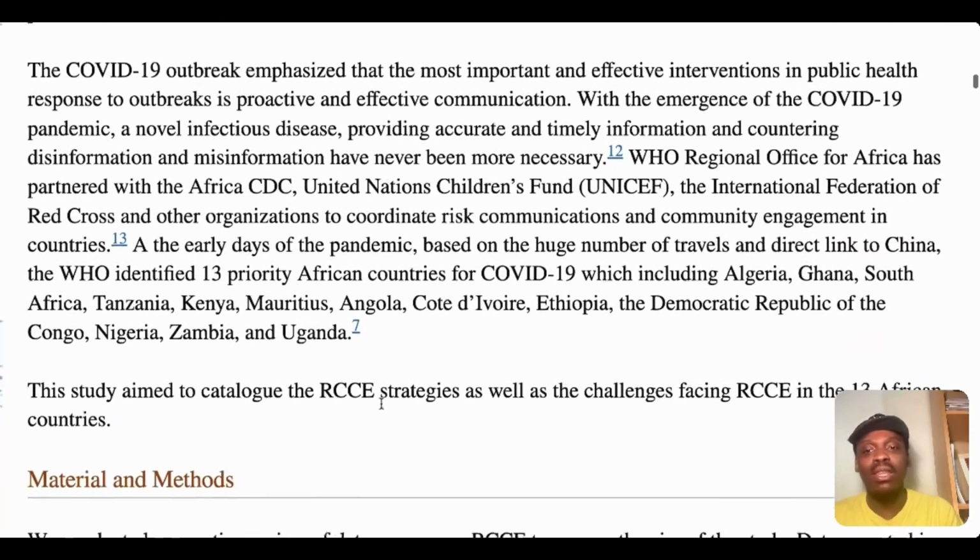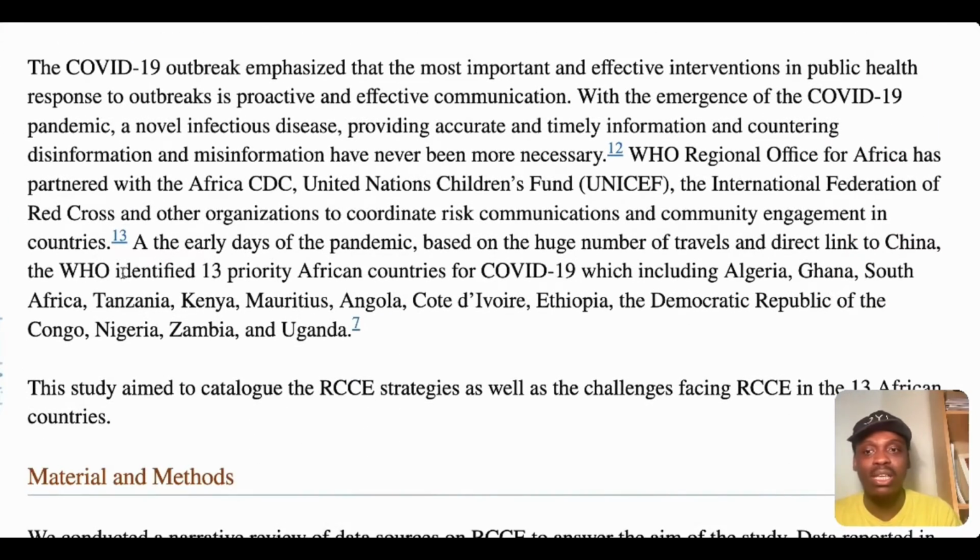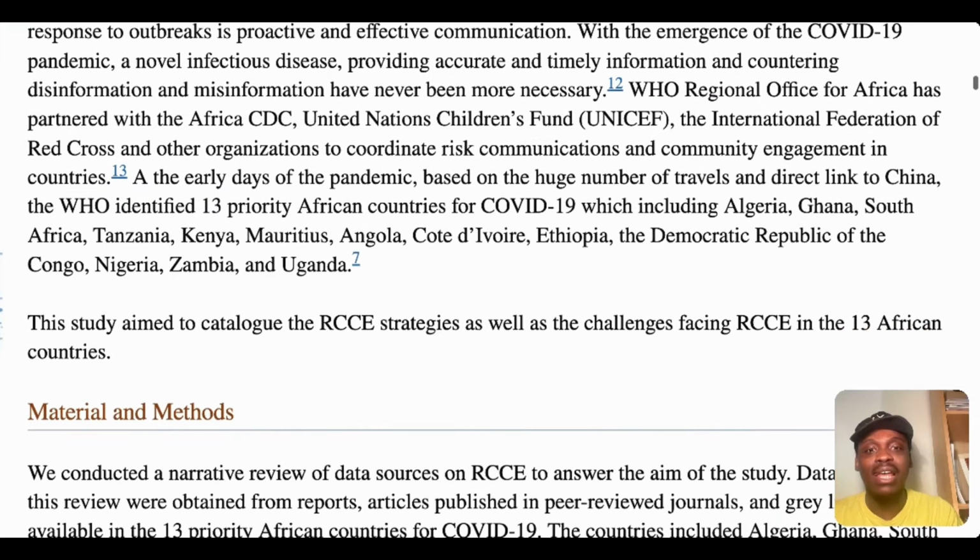Then, if you look at the last sentence here, you can see that we talk about the exact aim of this narrative review: to catalog the RCCE strategies as well as the challenges facing RCCE in the 13 African countries. As simple as ABC.